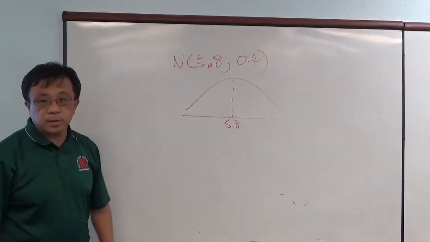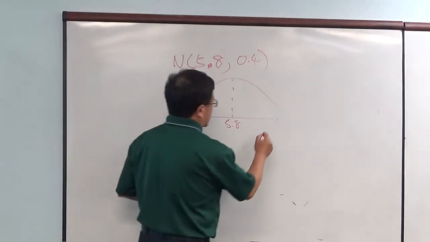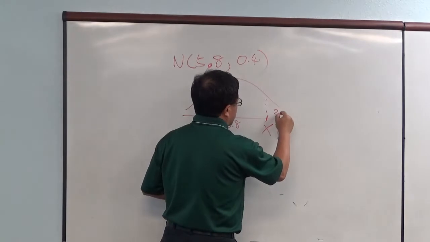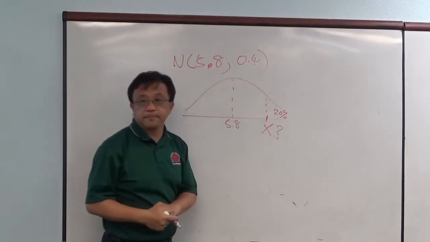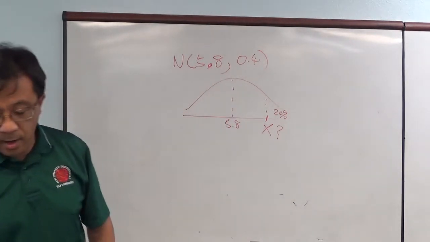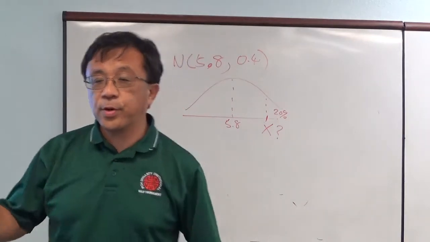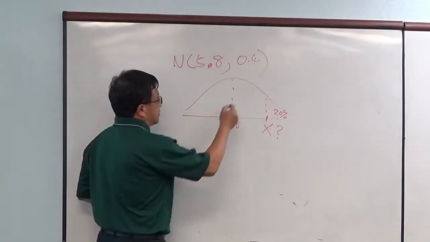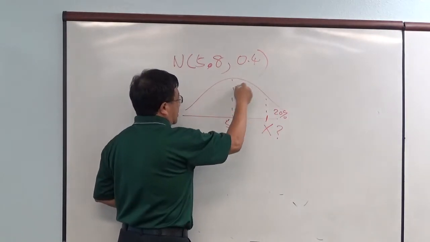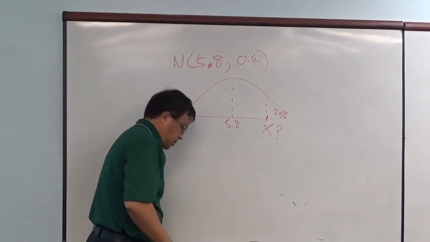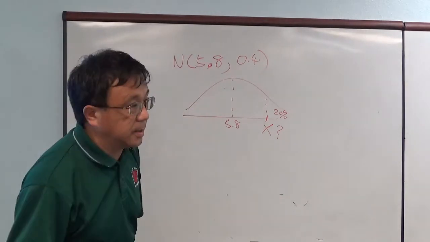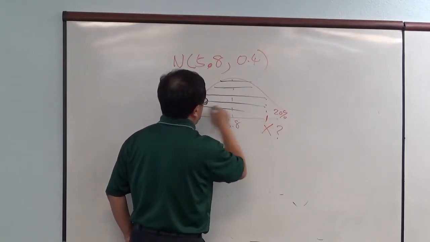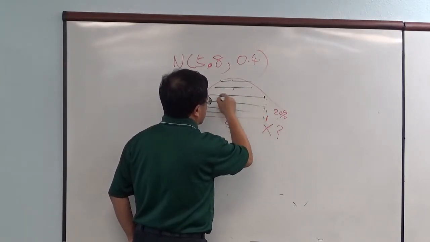Now the question is, what is this x value that will give me the 20% here? However, if we use the inverse function, Excel will only give us which area? The area to the left. The area to the left will give us this area.